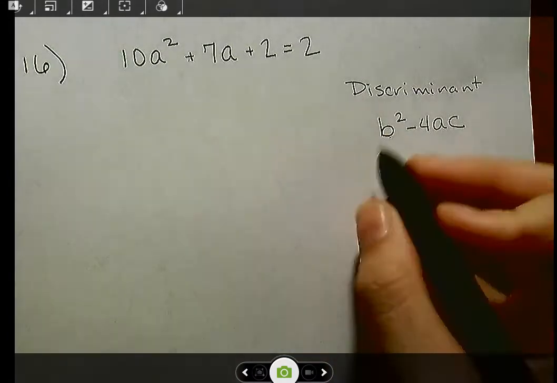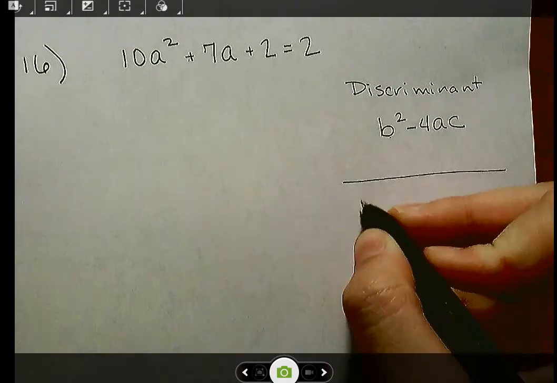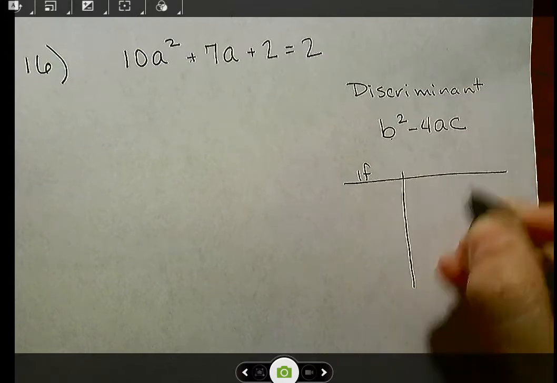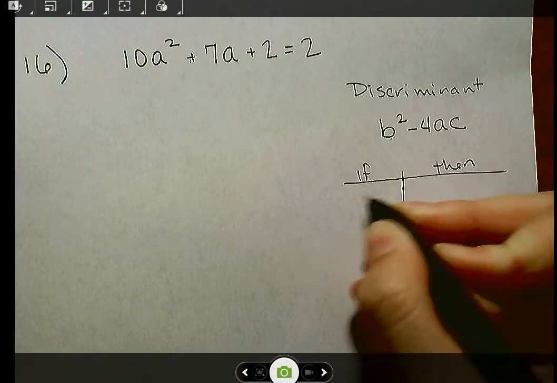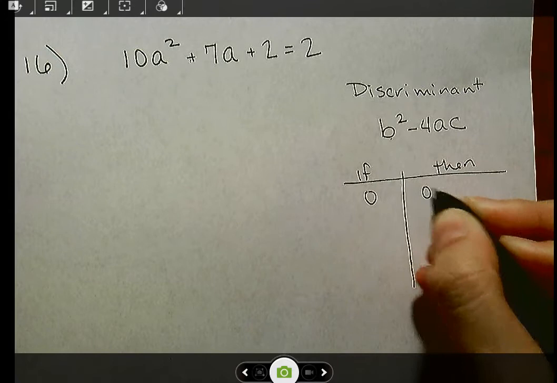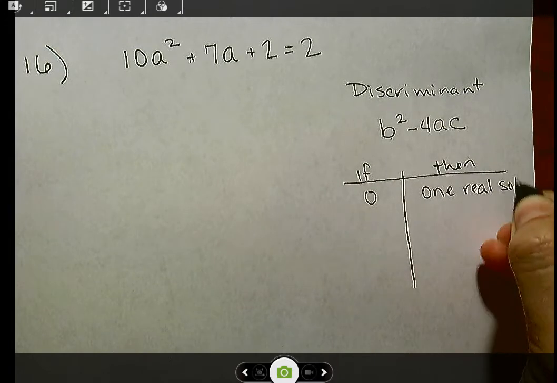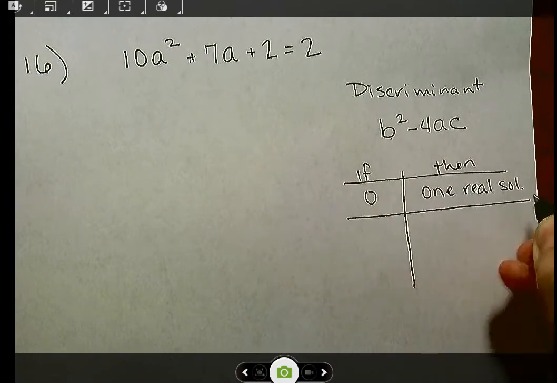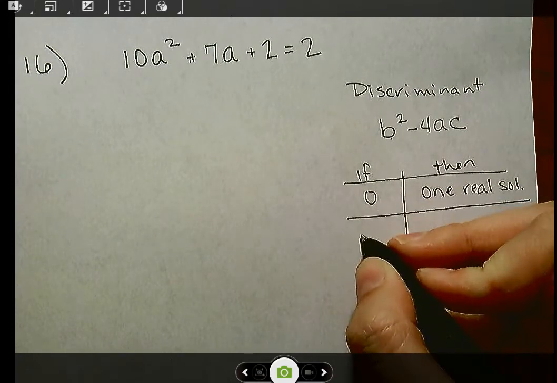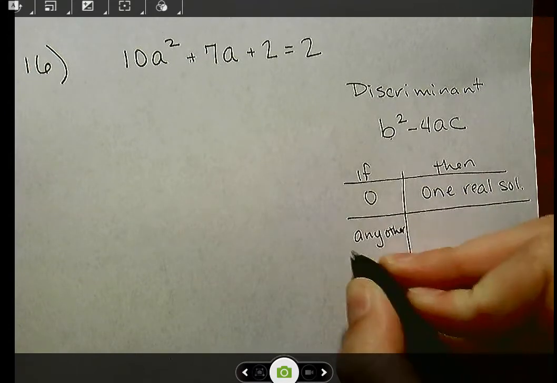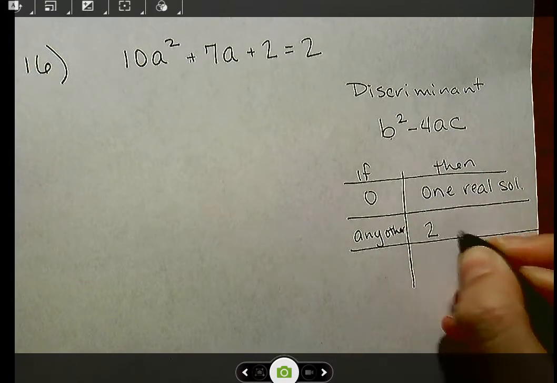So what this number is going to tell us is, if it is 0, then there's one real solution. If it is any other number, it means that there are two solutions.